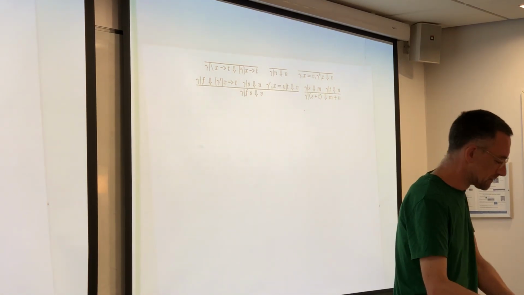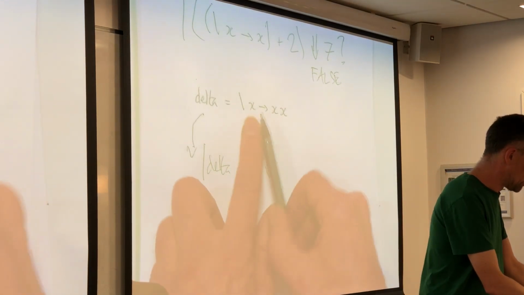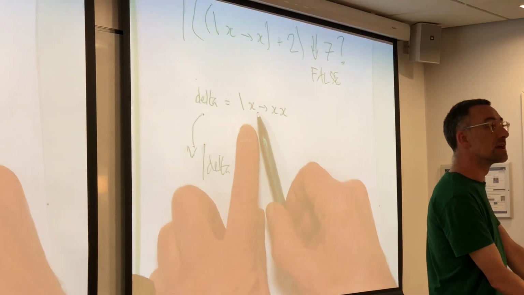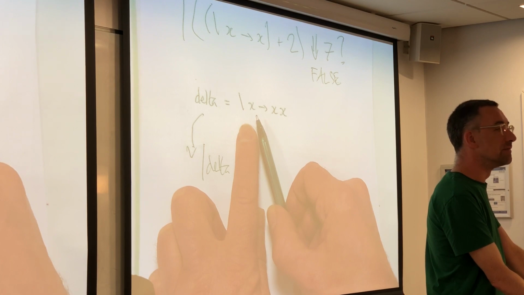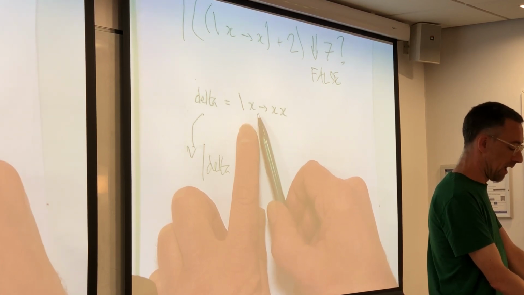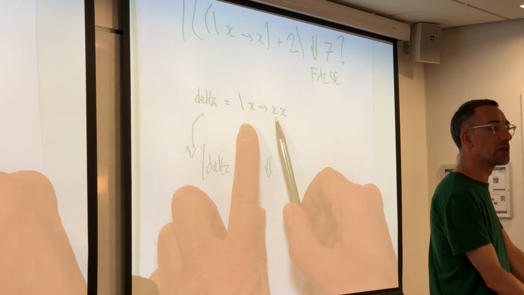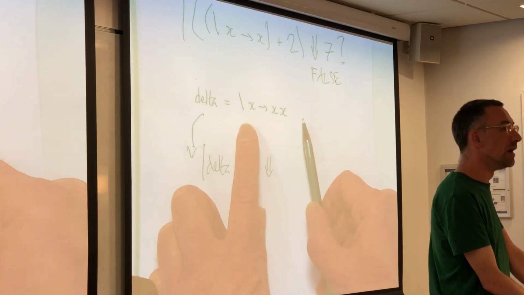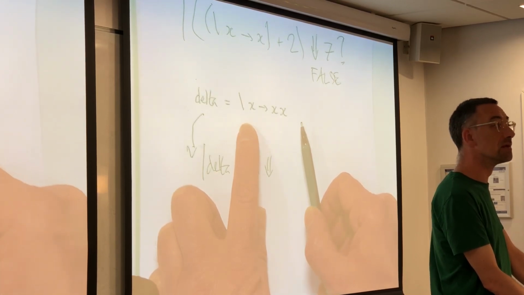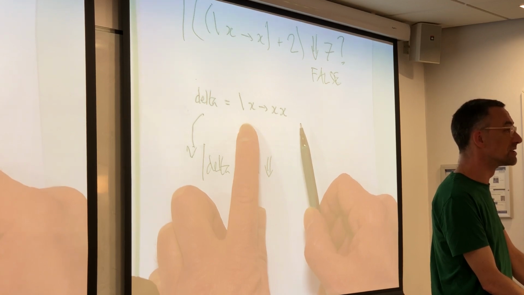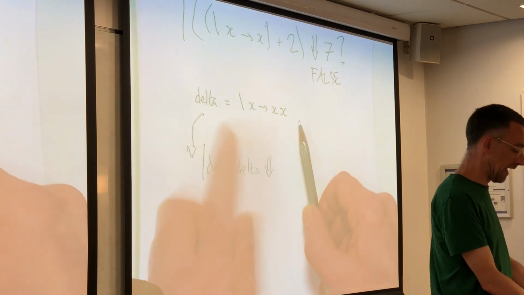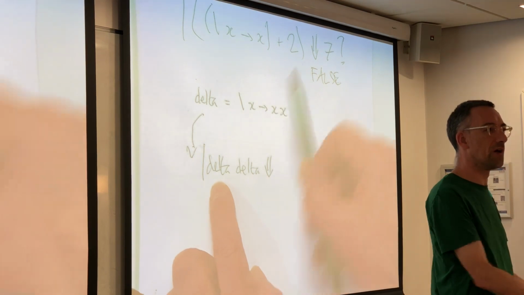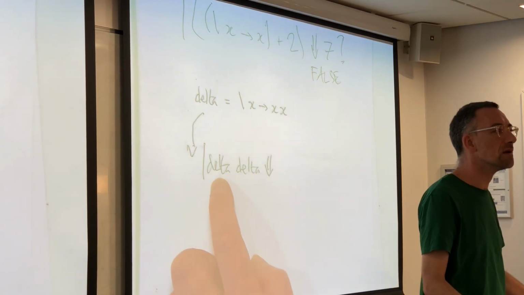So the x gets bound in the environment to the value of delta, and then when you try and evaluate the body, you end up doing delta delta again. You end up back where you started, and so to get a value of the whole thing, you have to get a value of the same thing.